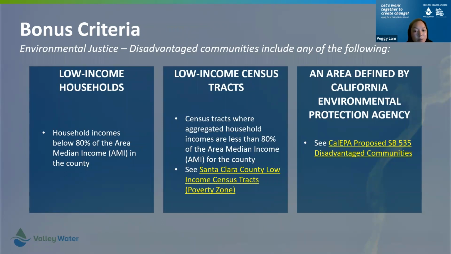And so if you look up your project location on that map and it's on either one of the maps, you would automatically get the 5 points. You don't get extra points for being on both maps, and you don't lose points for not being on both maps. Next slide.